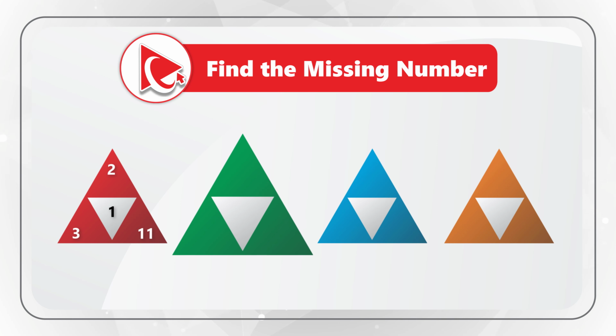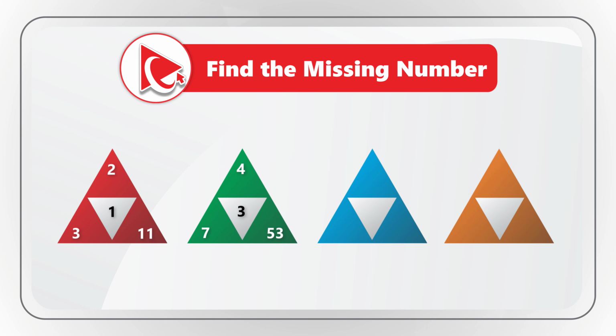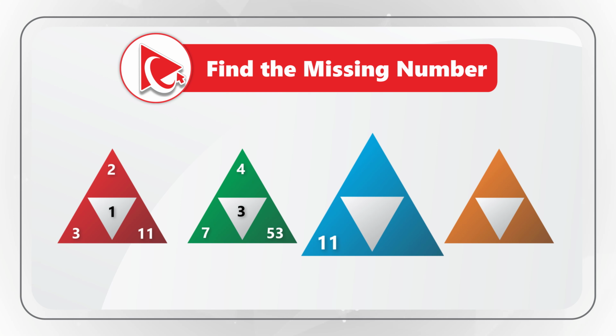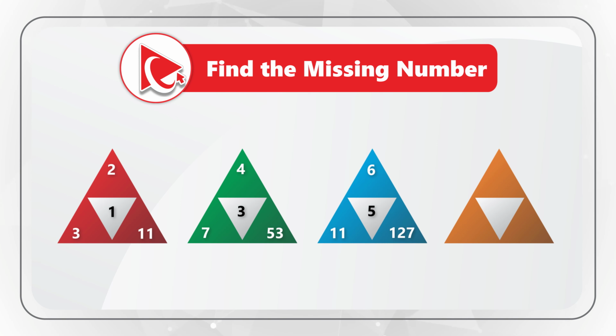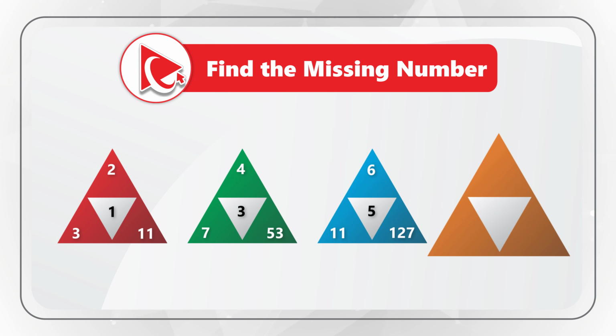The second triangle has numbers 7, 4, 53, and then number 5 in the middle. The third triangle has numbers 11, 6, 127, and number 5 in the middle. And then there is a 4th triangle which has the missing number, but also has numbers 15, 8, and 7.